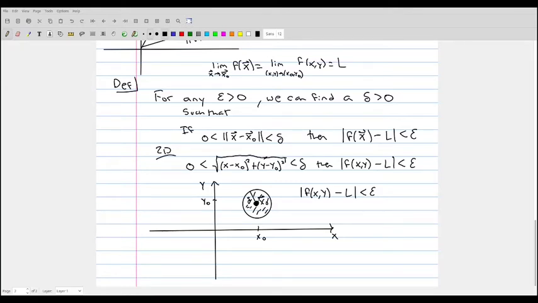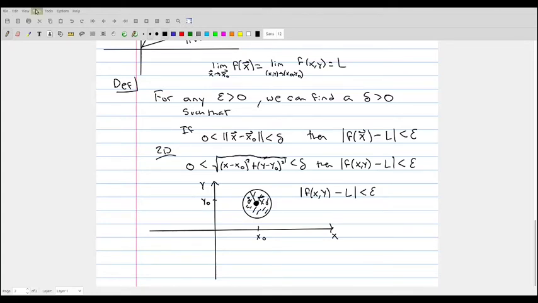So it's saying that the function is getting closer and closer to the value of the limit in this region. And this idea extends again to 3D functions or a function of any number of variables. But the idea is that this is what it means to have a limit, and exactly mathematically, we make a definition for the limit of a function.